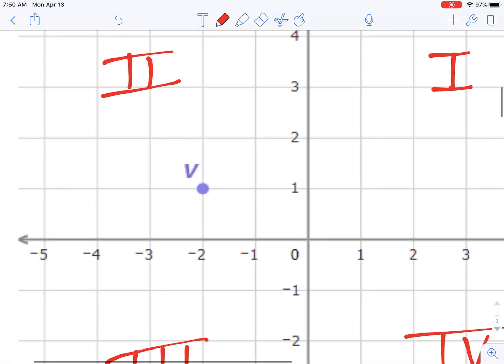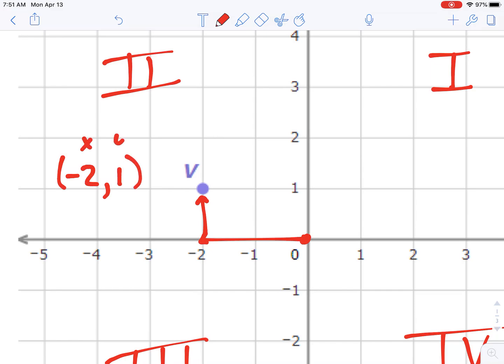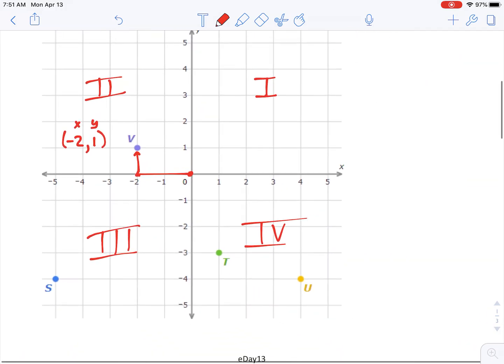Now, if we want to write x first, we always think of starting at our origin. x is -2, and then we went up 1. So left -2, and up +1. X first, then y. So -2, +1.